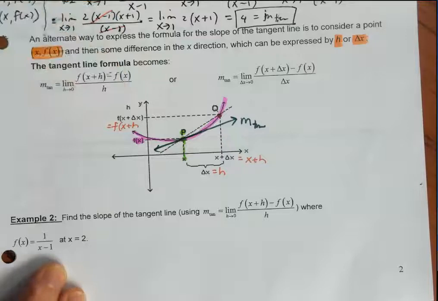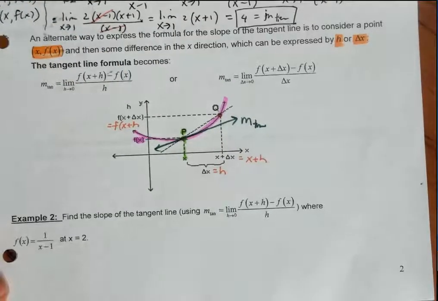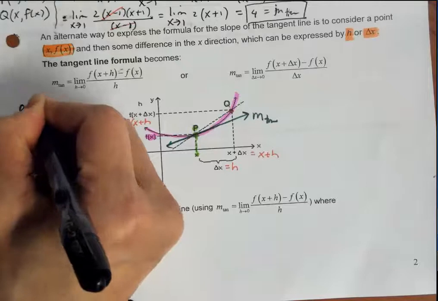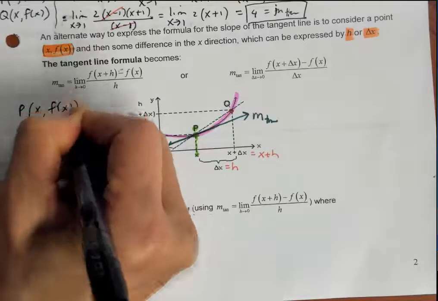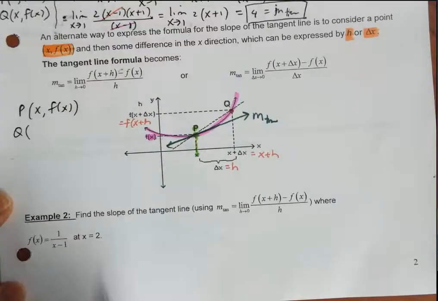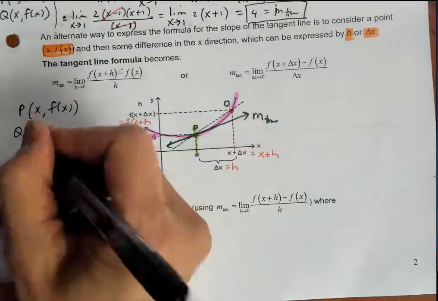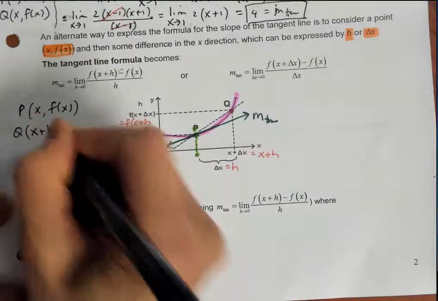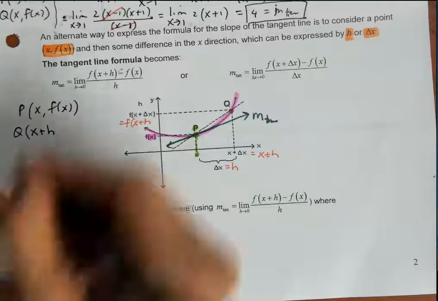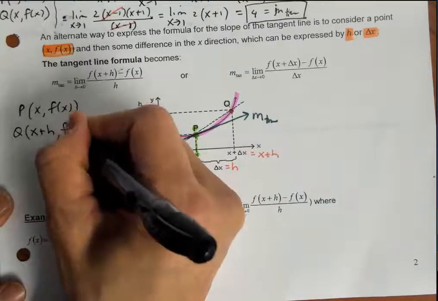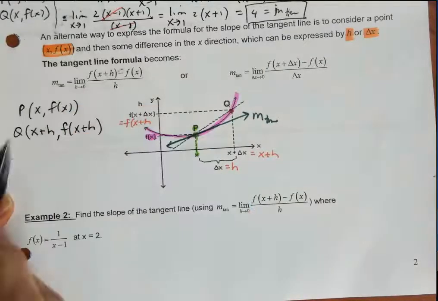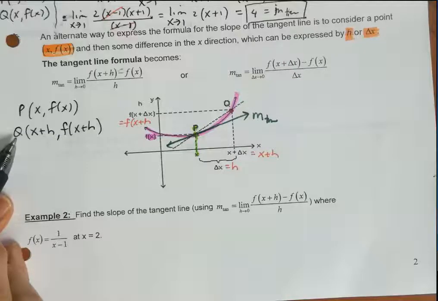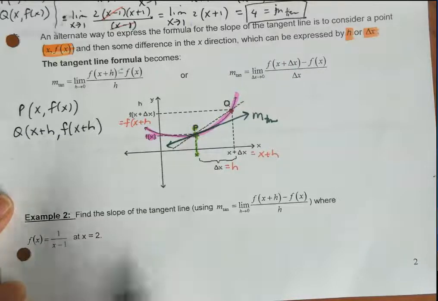Okay, so then I'm going to write out my 2 points on that. So I have my 1 point. This time my P point is going to be (x, f(x)). And then my Q point, I'm going to use the h version on this, right? So it's that point plus a little distance away, so that's going to be (x plus h, f(x plus h)). All right, so here is my point I want, and this right here is the newly made arbitrary point, and now I'm going to state my slope.